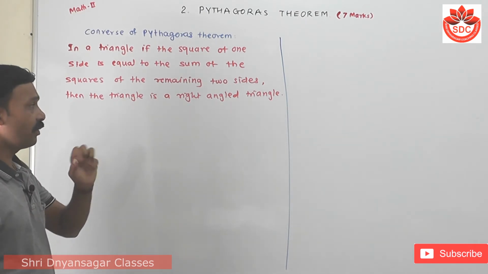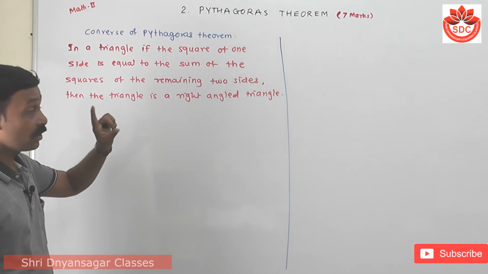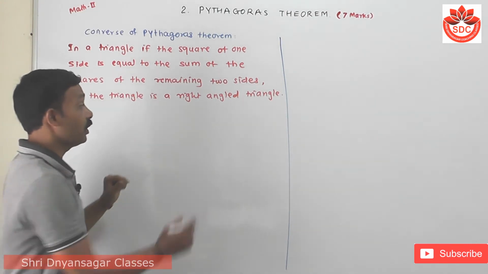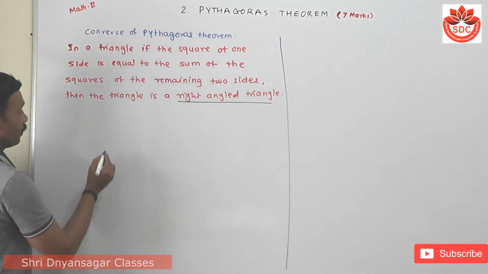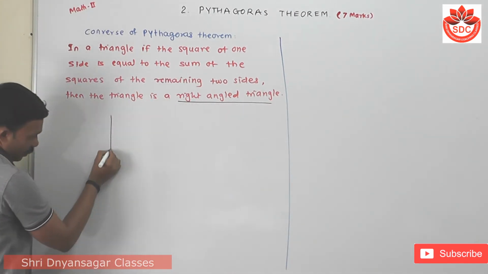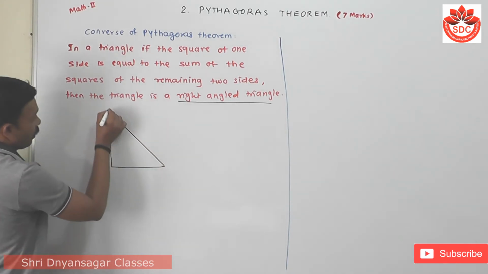For this, first I have to draw the figure. We draw a triangle which is not shown to be a right angle triangle, because we have to show that it is right angled. Suppose this is triangle ABC.